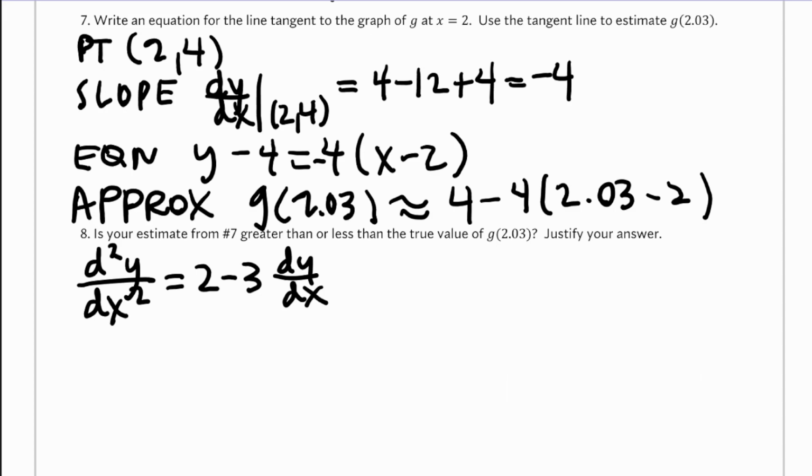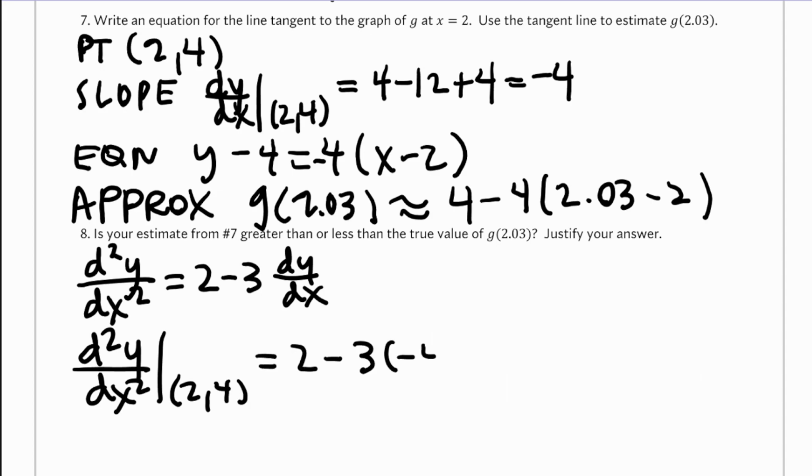Okay, so 2 minus 3 dy/dx, and we know that at the point we're interested in, dy/dx is negative 4. So at the point (2, 4), that'll be 2 minus 3 times negative 4, which is a positive number.